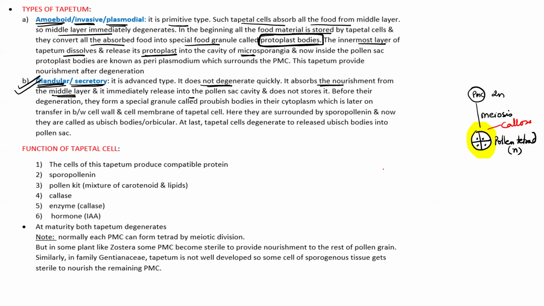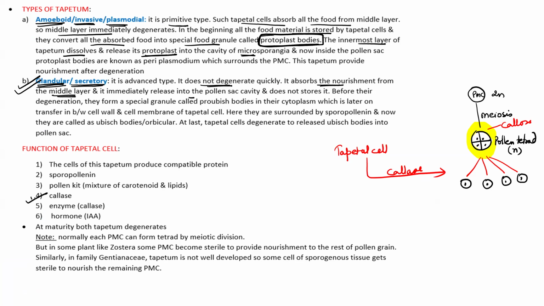Now what will the tapetal cell release? The tapetal cell will release callase enzyme so that all the microspores separate. So all these four microspores separate. Now these four microspores are separating, so first it releases callase enzyme.